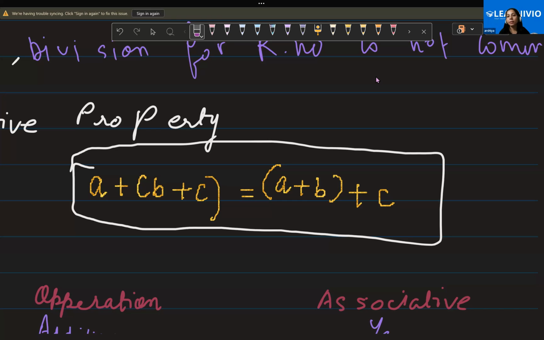So the multiplicative inverse of 5 by 3 is 3 by 5. But the multiplicative identity is 1, because if I multiply anything with 1, I get the number itself. Have you written this in your notebook? Yes, ma'am.